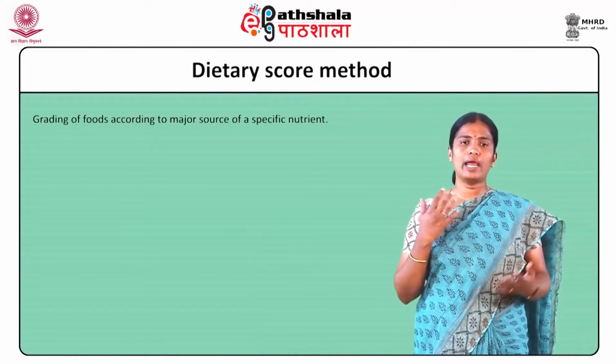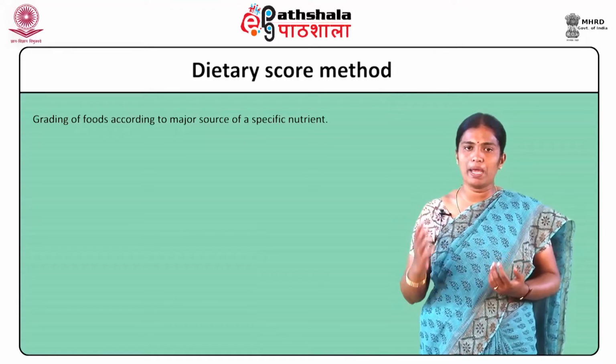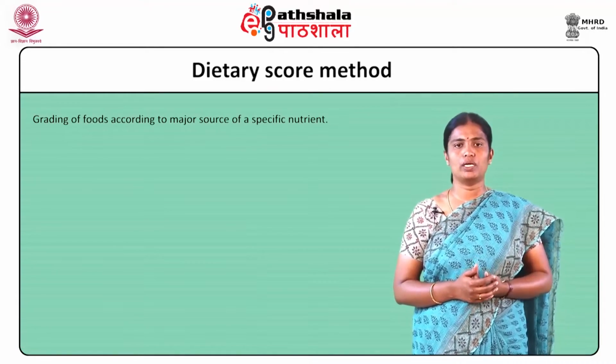This method involves assigning an arbitrary score to the foods on the basis of their nutrient content. The consumption of this particular food by an individual is estimated through the frequency method. For example, grading of foods is done according to the major source of a specific nutrient.